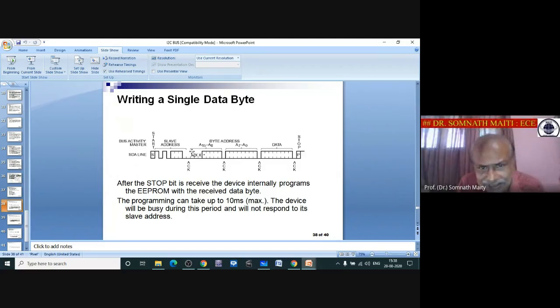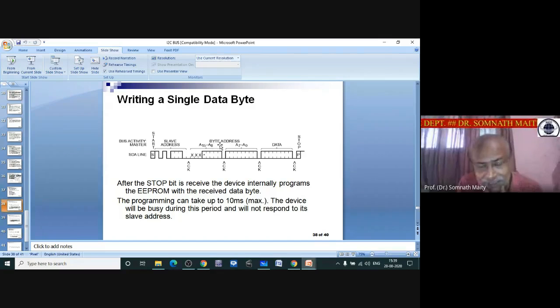Slave address, then byte address. It is addressing how many lines? 16-line address, A0 to A7, A8 to A15. Don't confuse this slave address with this address.